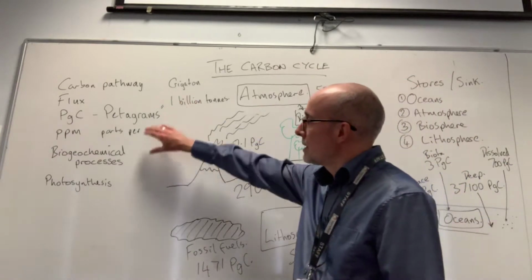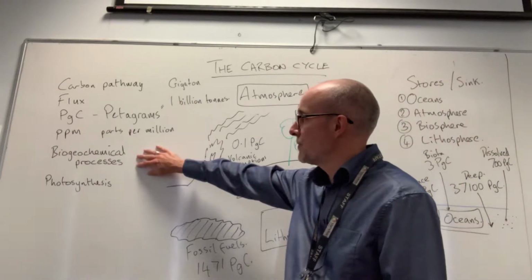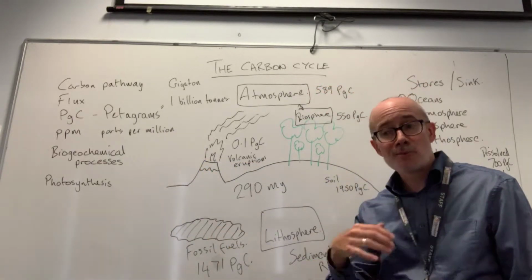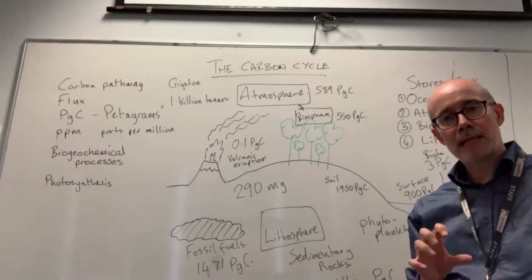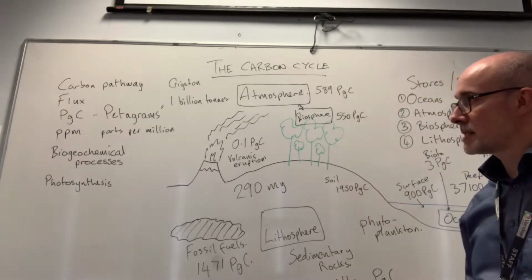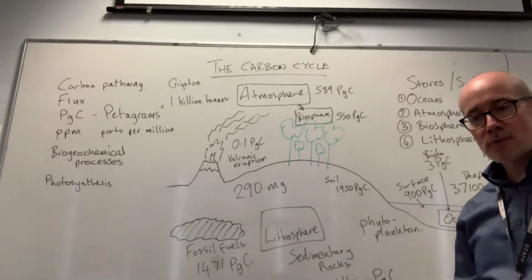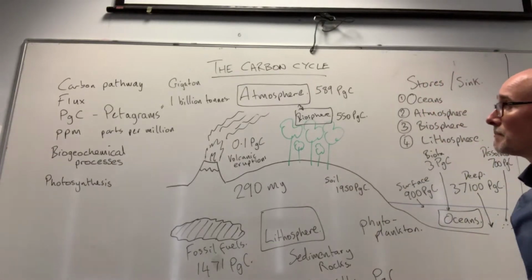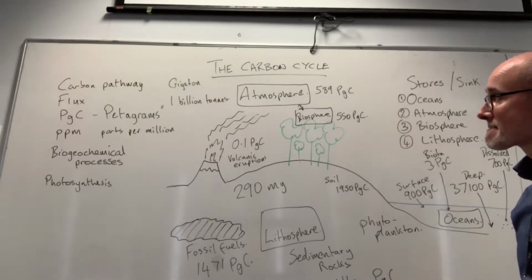So over here we've just got some terminology that we're going to use. We normally would refer to the carbon cycle as a biogeochemical process, really just to emphasize the fact that there is a biological and a geological element to it, and also it's a chemical process as well. Carbon is one of those elements of the periodic table, isn't it? So it's a crucial element for everything on the planet.